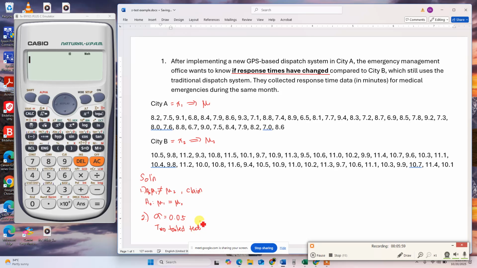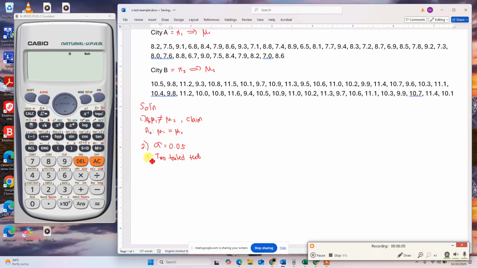Since this is a two-tailed test, we can identify our critical value based on the presentation that I gave you last week. Since our alpha level is 0.05 and it's a two-tailed test, we have a critical value of positive and negative 1.96.